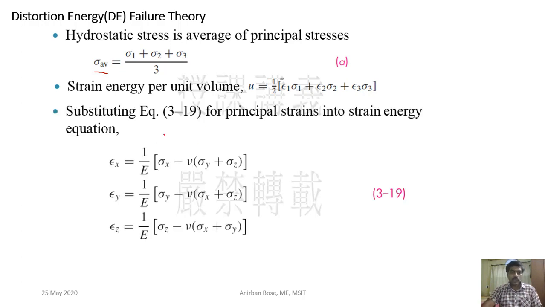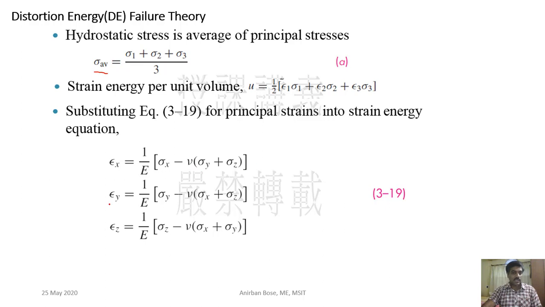So now let us find out the values of strain in terms of stresses. The stress-strain relationship according to Hooke's law, we already know: in a particular direction, suppose in the x direction, epsilon x will be affected by the stresses in all three directions. That is 1 by E into sigma x minus Poisson's ratio into sigma y plus sigma z.